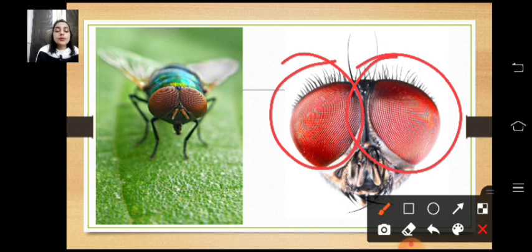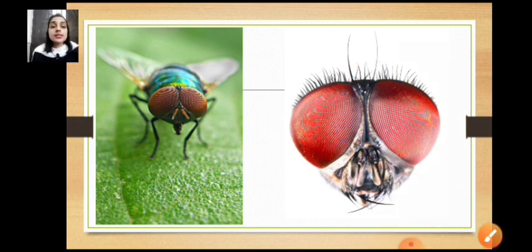So composite eyes mean they have the ability to detect fast movement of the things around them. These are the eyes of the housefly. They have thousands of lenses inside their eyes, through which they can see the moving things around them.